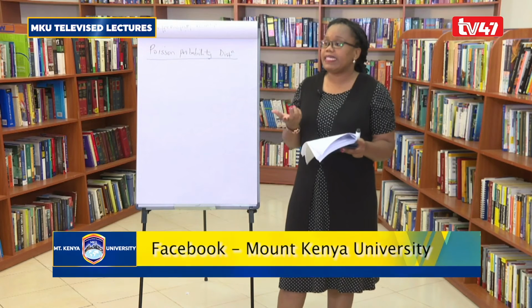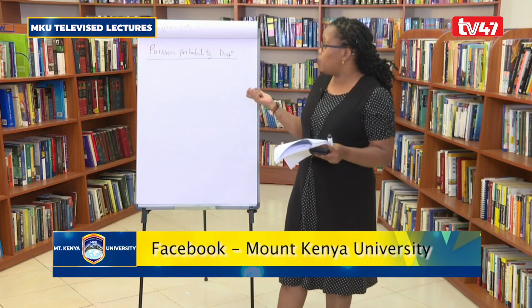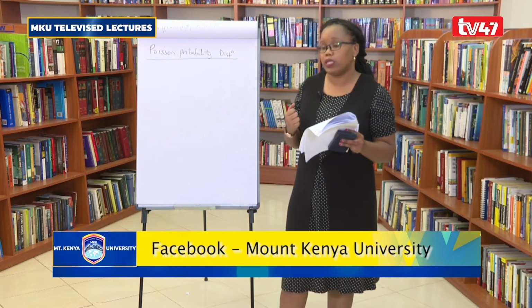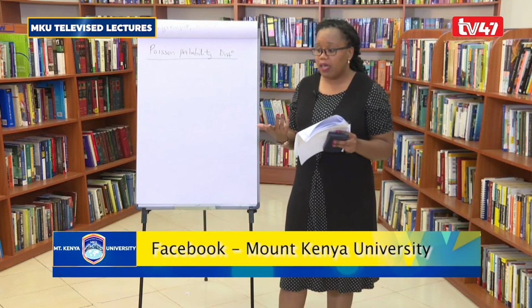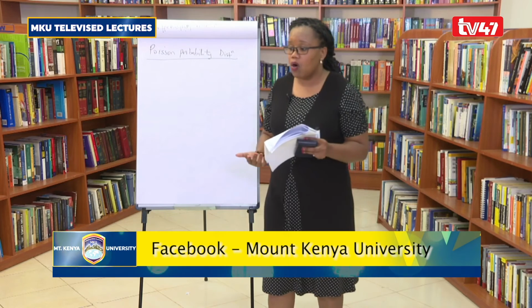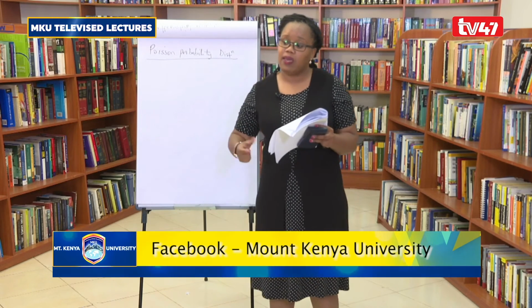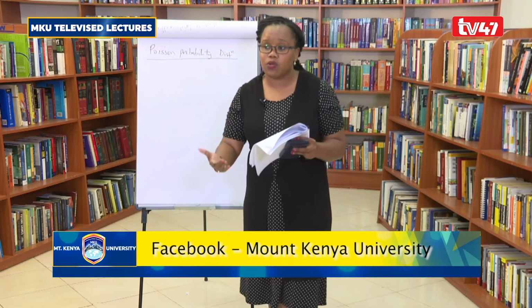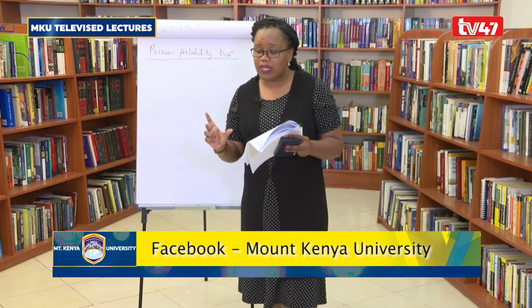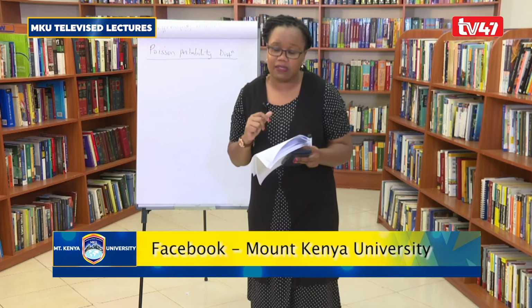Okay, in businesses, Poisson distribution is actually very important, especially in manufacturing. Every time manufacturing is going on, for a product to be ready for the market, the quality control person must make sure that it meets the standards, okay?